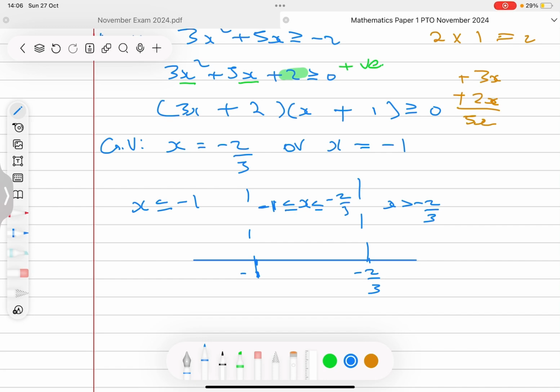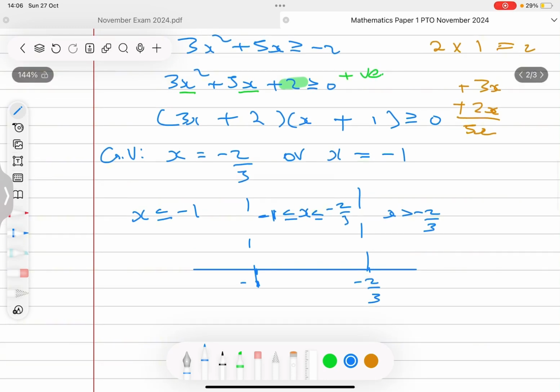Now, in order to find these intervals, we're going to test which of these 3 intervals is positive, because we're looking for the one that is positive. We don't know which one is positive.